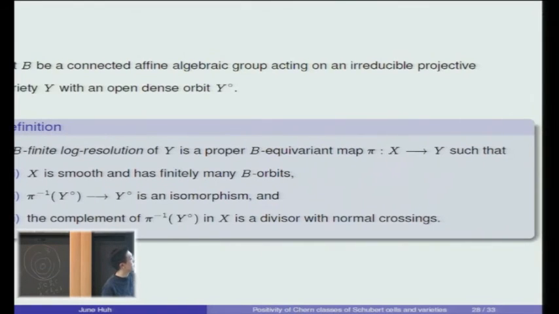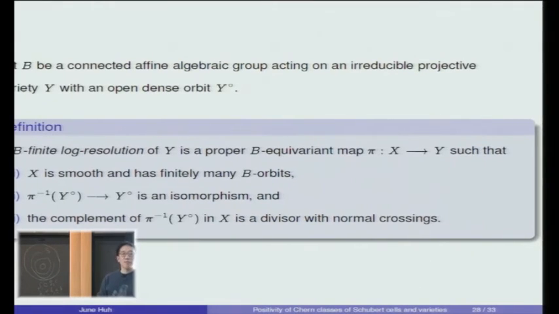So it's an isomorphism on the open dense orbit, and the complement is a union of divisors which meet transversally. The main point is that I require my equivariant resolution to again have finitely many B orbits.